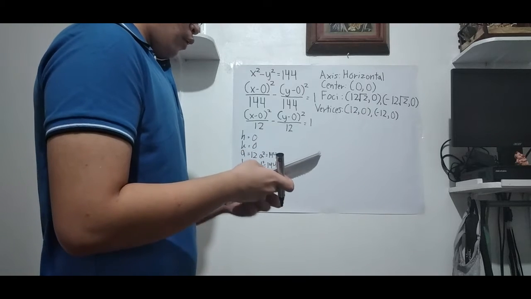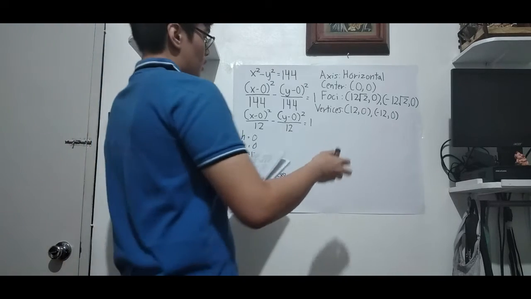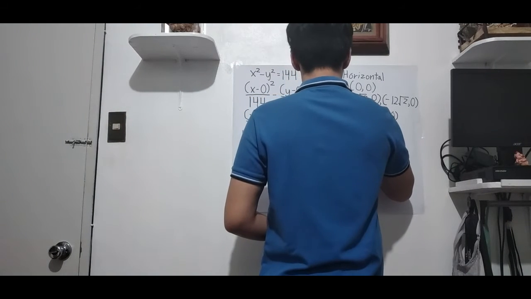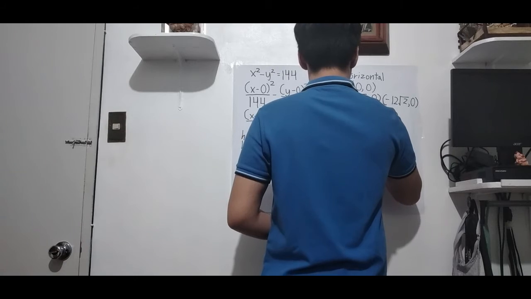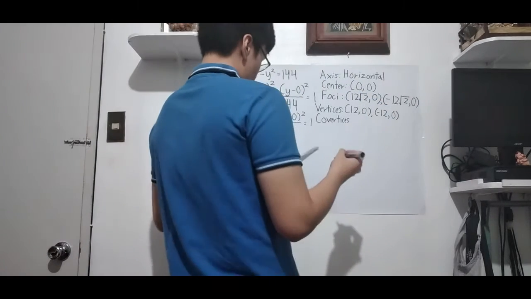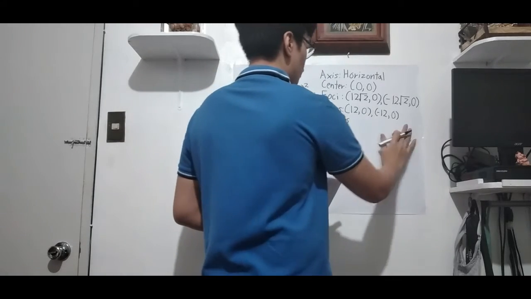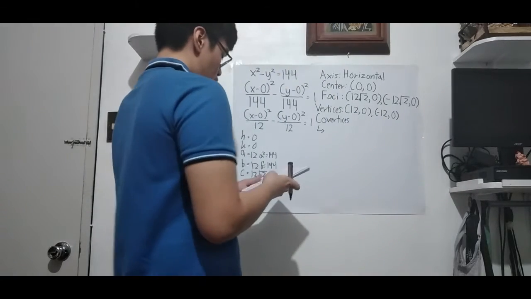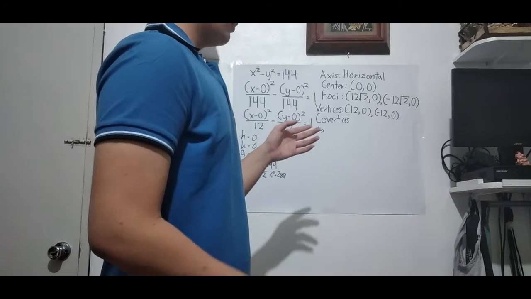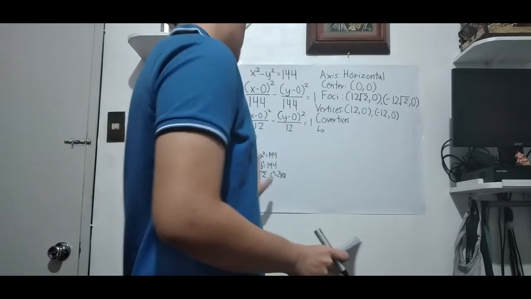I'm going to write it here because I think I don't have much space to write both. The co-vertices would be k plus minus b.